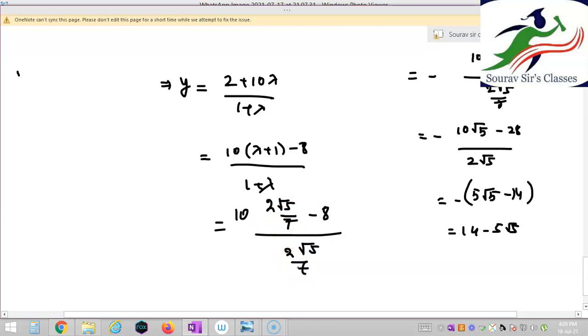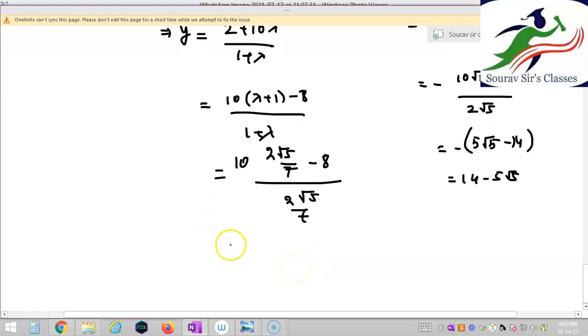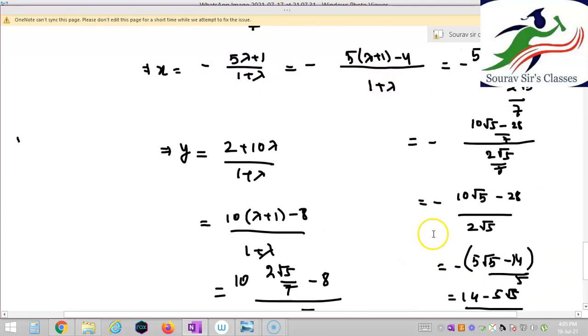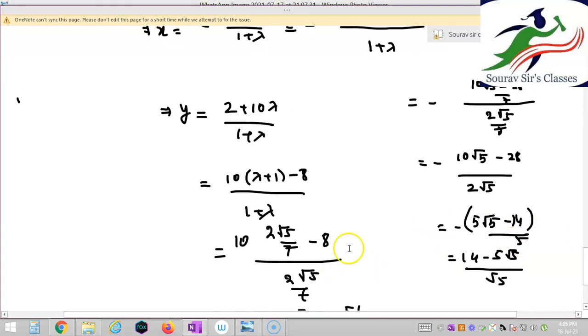So I can write it is nothing but 20 root 5 minus 56 by 2 root 5. So cancelling 7, I can write 10 root 5 minus 28 by root 5. Sorry, there is a root 5 in the denominator. Okay, so this is the value of y. So this is one point.